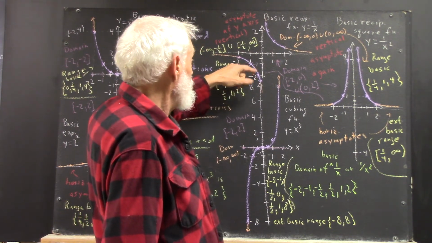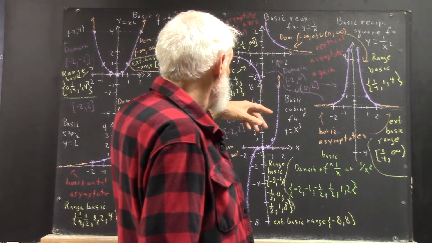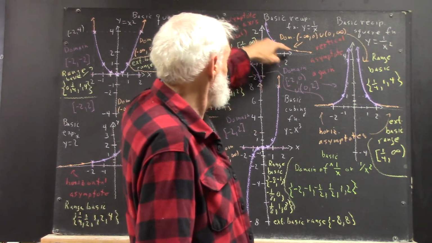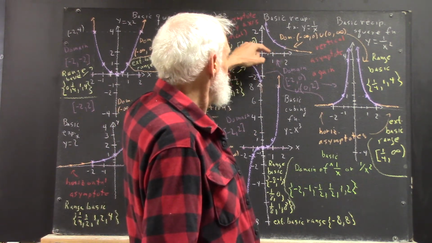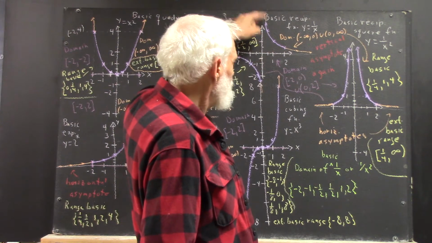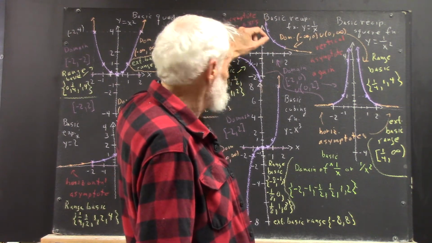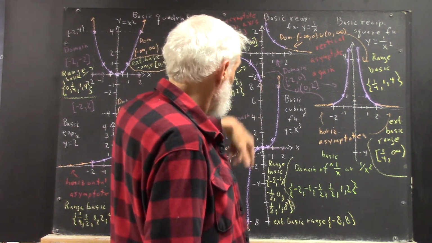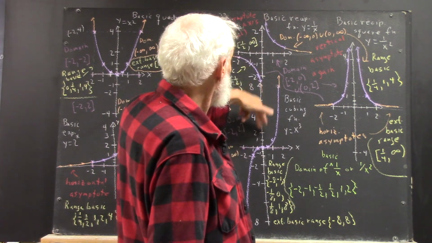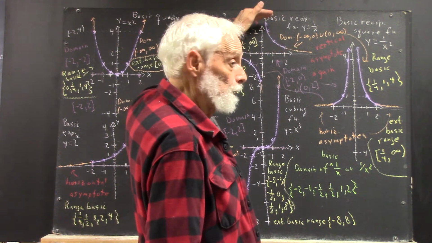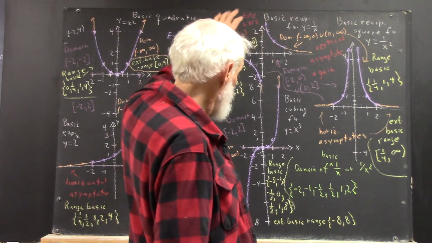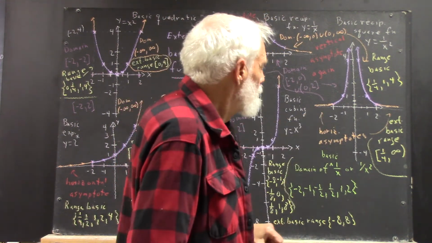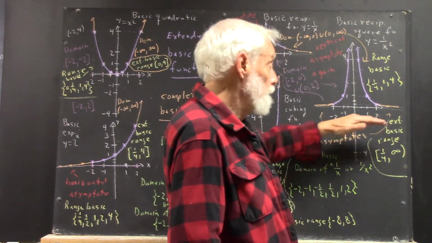Okay? And on this side, you see that you can get any positive number. Any number except 0 from negative infinity to infinity. Negative numbers on this side, positive numbers on this side. Looking at the range, looking at the y values. Here, we get any positive number. We can't get 0.